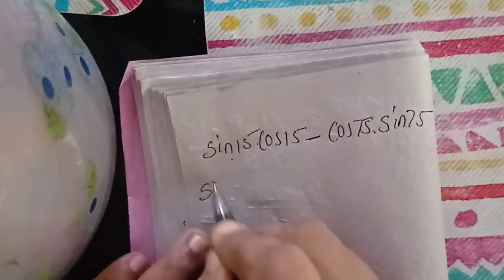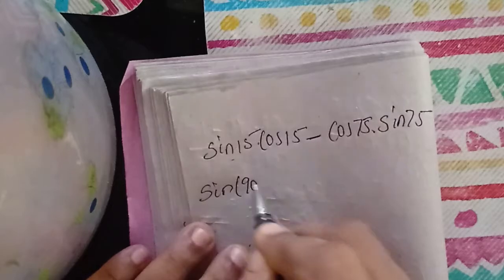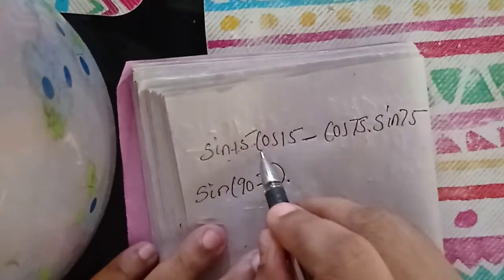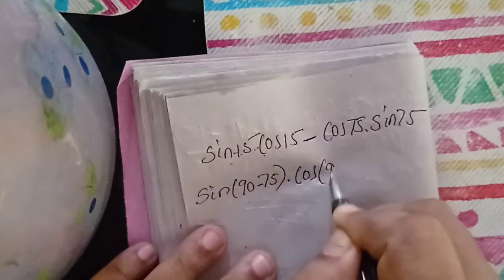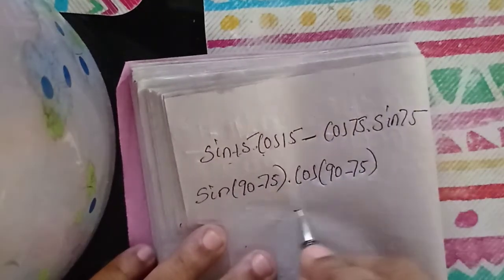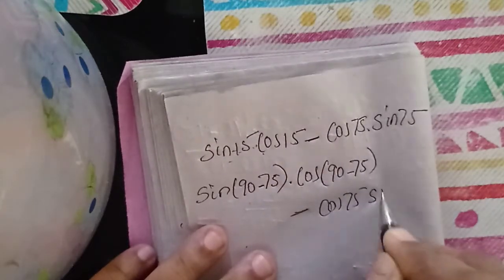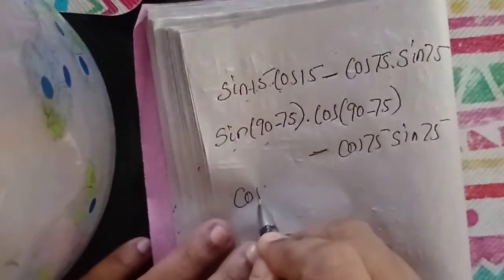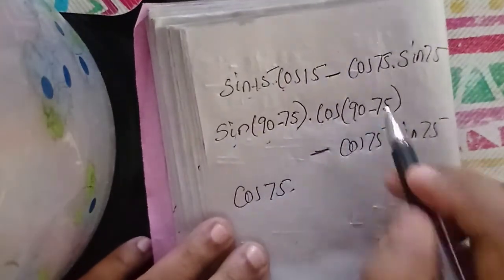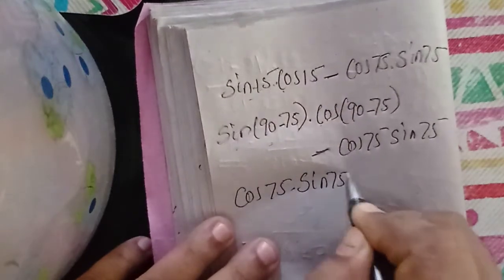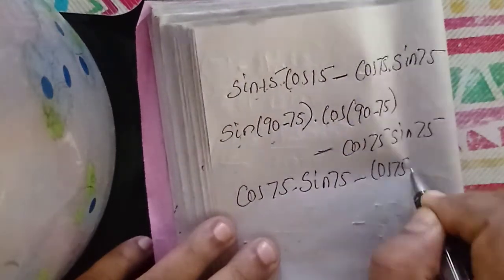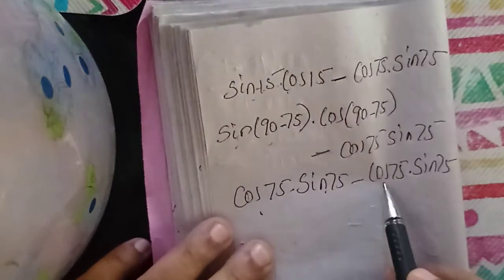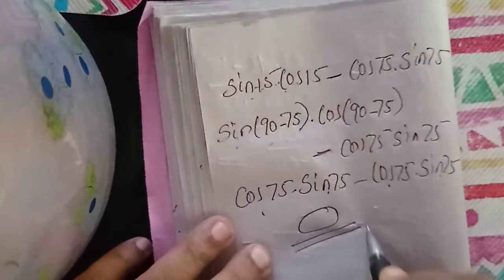Sin 15 we can write as sin 90 minus 75. Cos 15 we can write as cos 90 minus 75. Minus cos 75 sin 75. Sin 90 minus 75 is cos 75, into cos 90 minus 75 is sin 75, minus cos 75 into sin 75. Understand? Cos 75 sin 75 minus cos 75 sin 75 means 0.